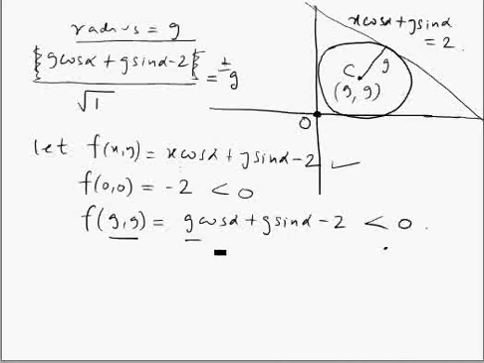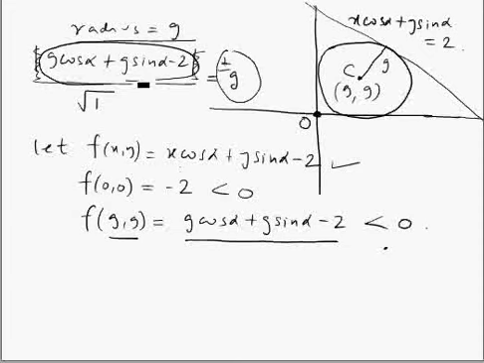If this part is negative, the right hand side should be negative, otherwise how can the two sides be equal? So we get g cos alpha plus g sin alpha minus 2 equals minus g. So we get g (cos alpha plus sin alpha plus 1) equals 2.